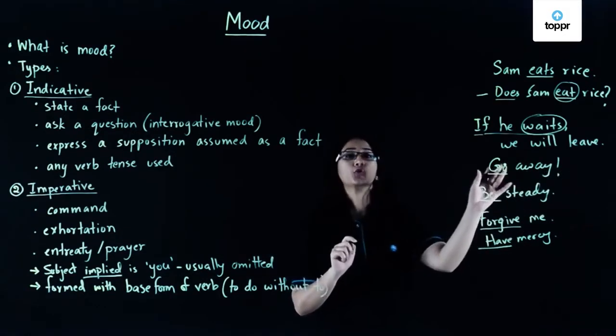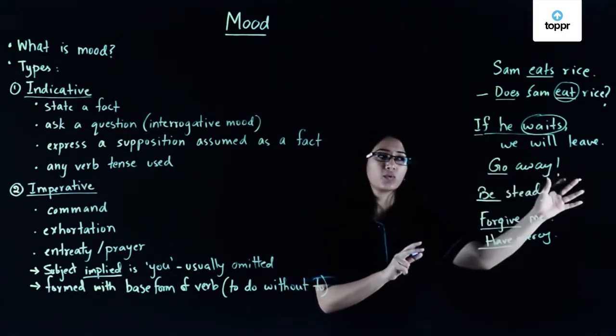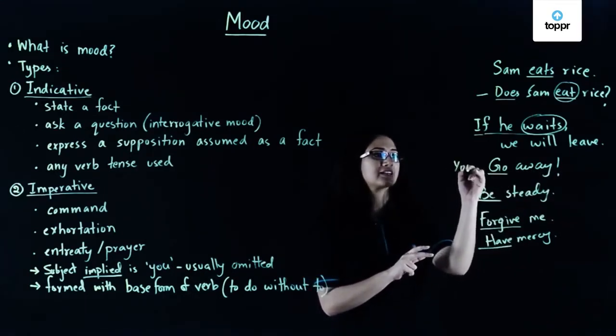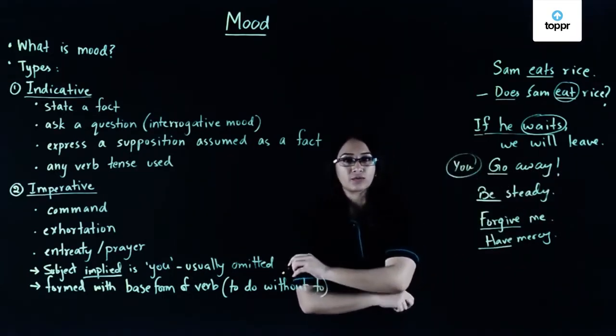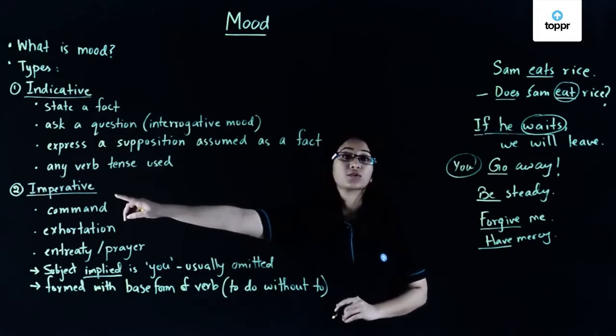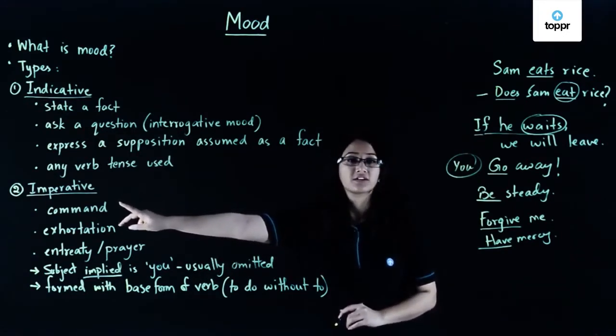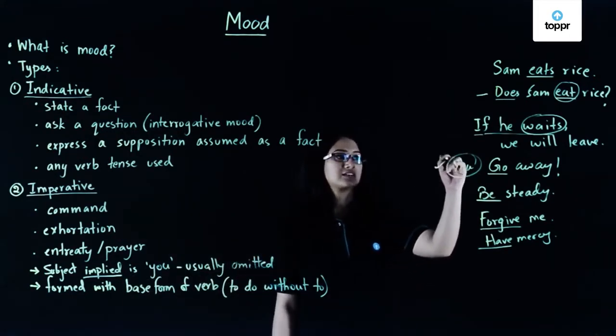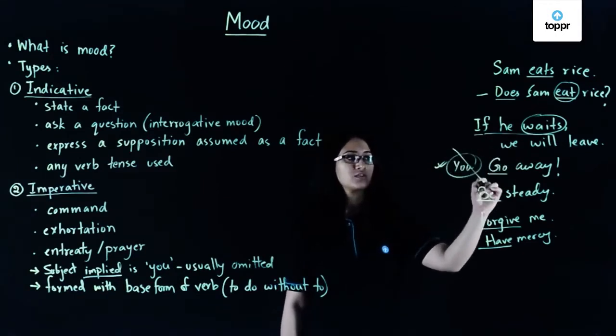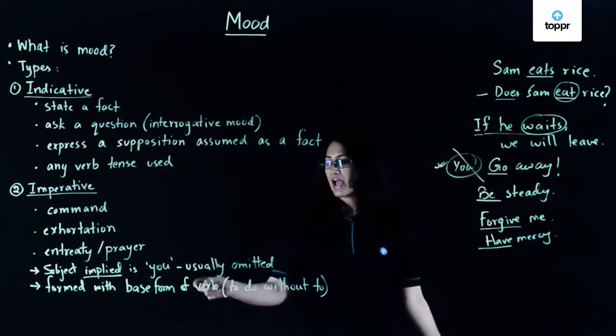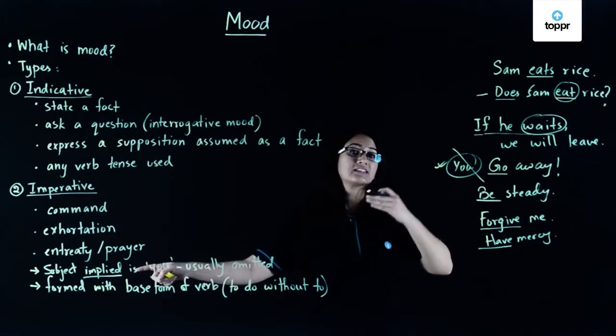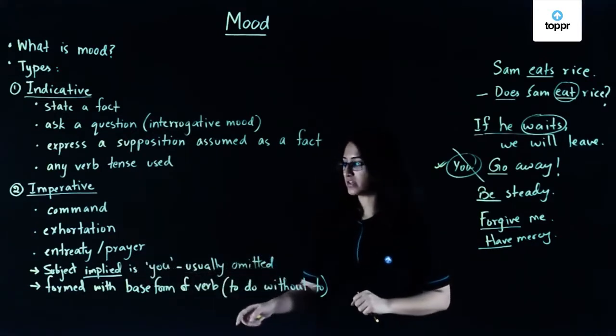I'm saying that you go away, or you should go away. But I have deleted the subject you from the sentence because I want to express it as an imperative sentence and I want to use it as a command. So I remove the subject you, and I know that it is implied that I'm talking about you here.